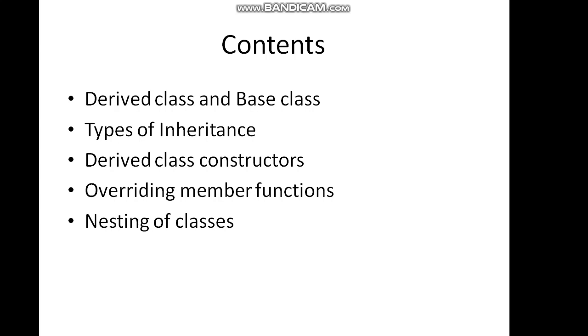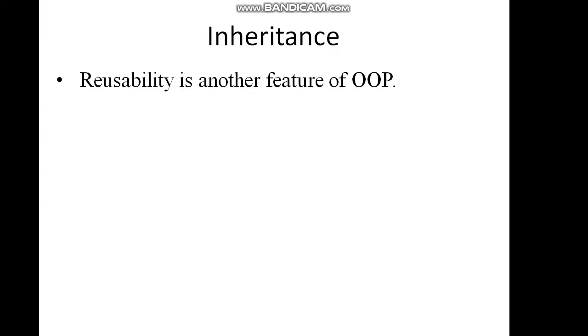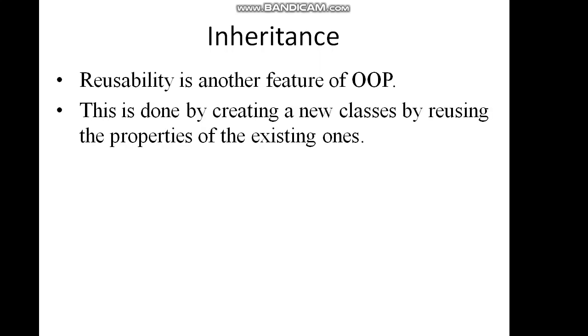These are the points which will be covered throughout the chapter. The reason behind using inheritance is reusability. Existing properties can be reused. This can be done by creating new classes by reusing the properties of existing ones.